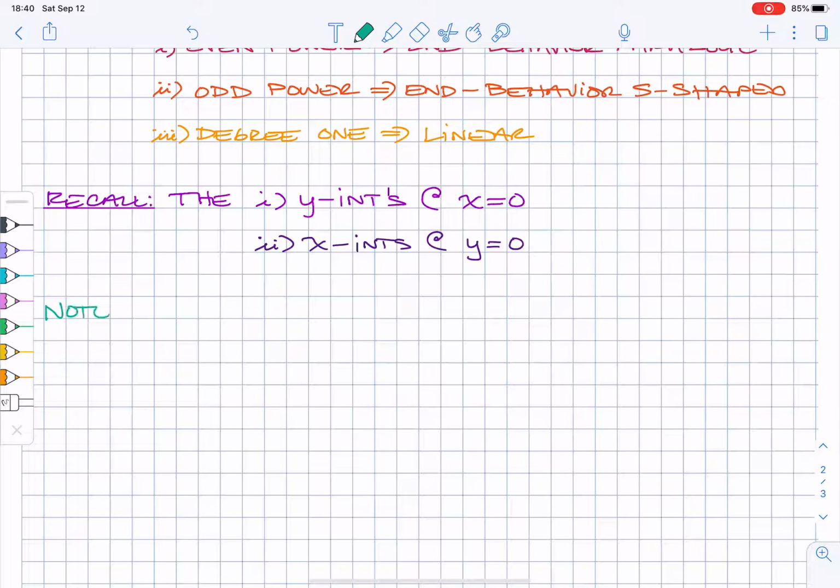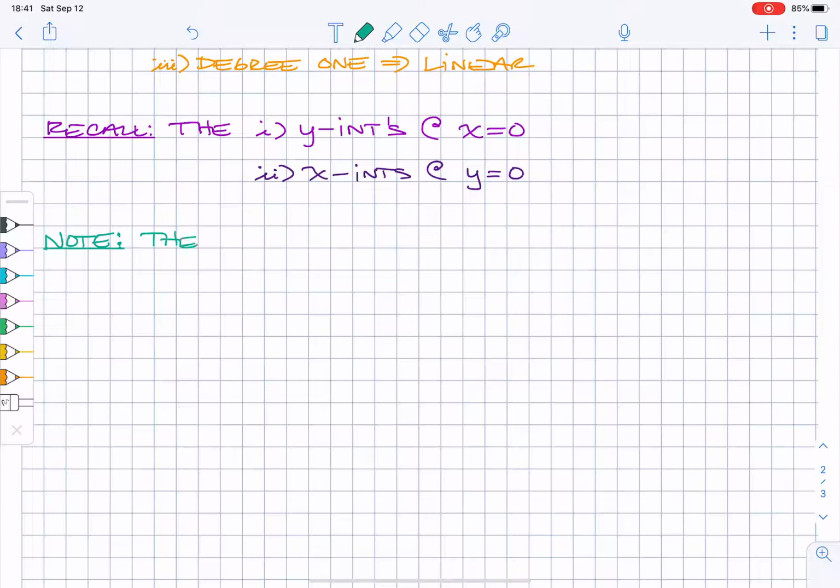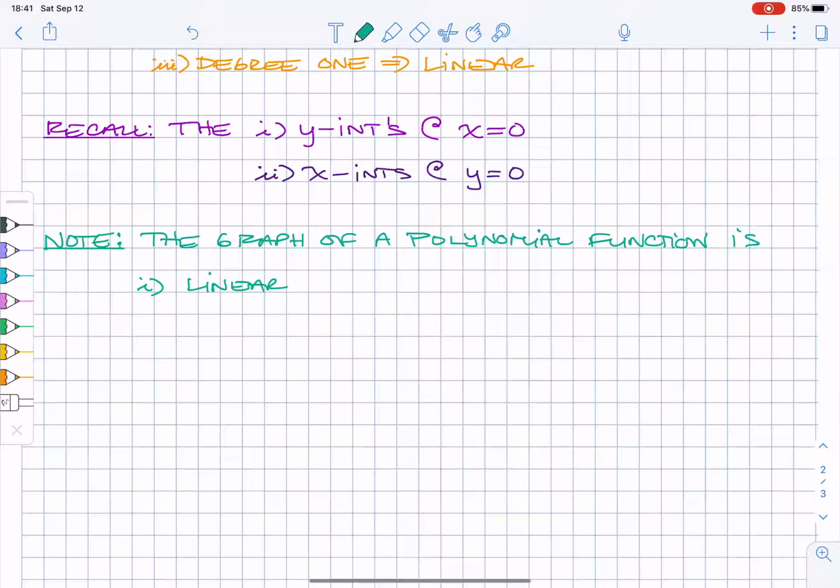Note: the graph of a polynomial function is, number 1, linear near a root of multiplicity 1.